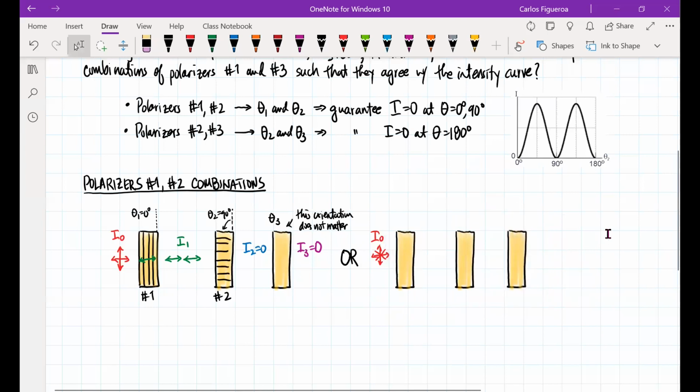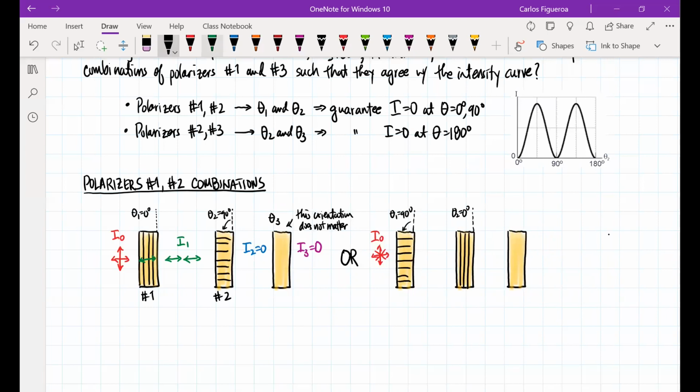So how can I get the zeros at 90 and 180 degrees? Instead of it being vertical, I could have chosen this first polarizer to be a horizontal polarizer. So this combination is theta 1 equals 90 degrees, and I can choose this second one to be a vertical polarizer, which tells us that theta 2 here is 0 degrees.